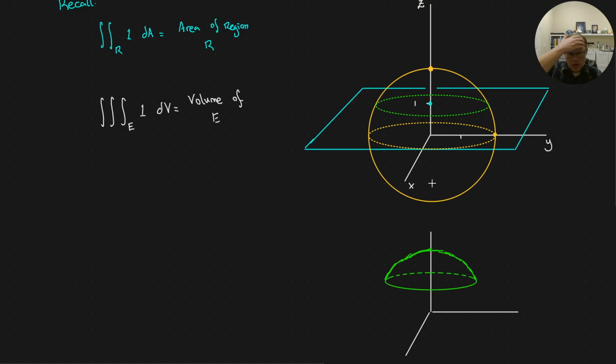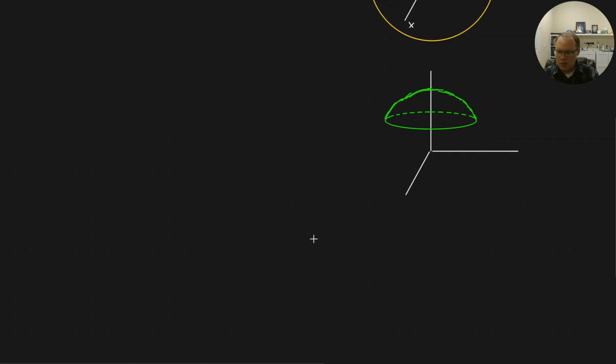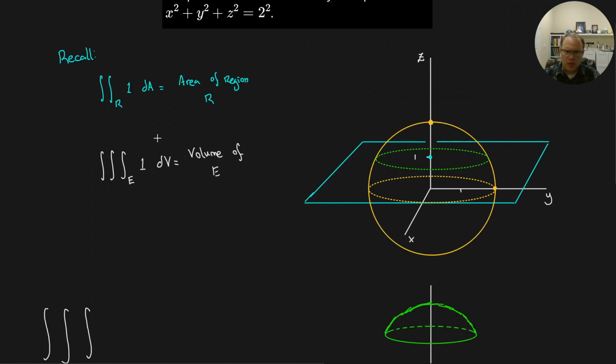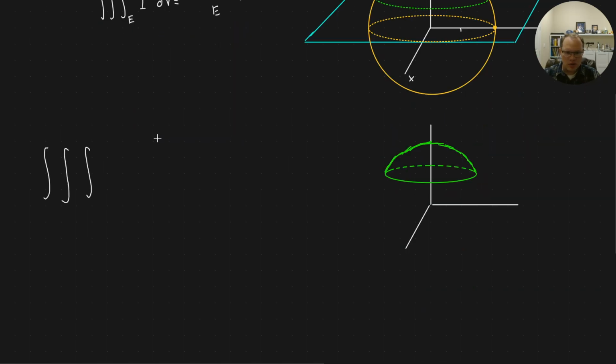So we want to take the triple integral of this region. Did it name the region? It did not. So let's call this region E. So we're going to find the triple integral of this region, E. And because we want the volume, we're going to integrate over 1.